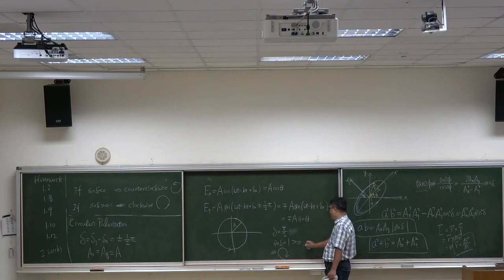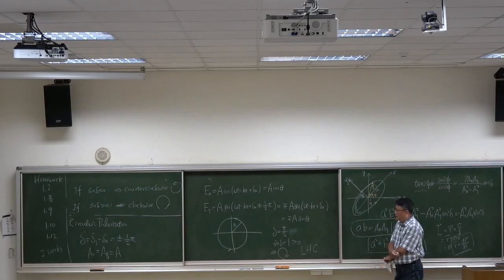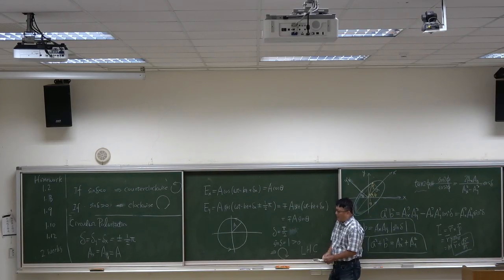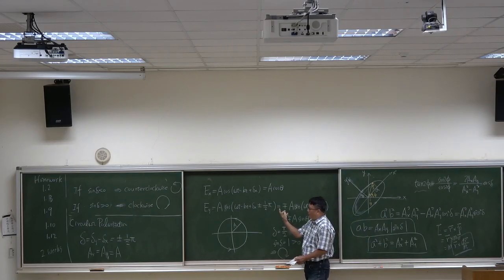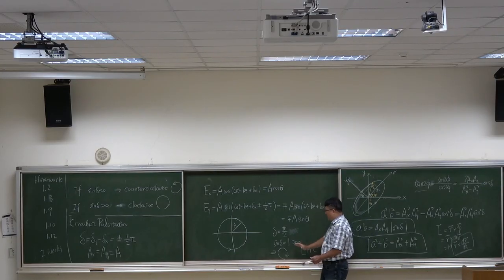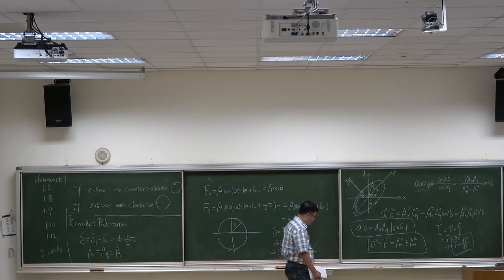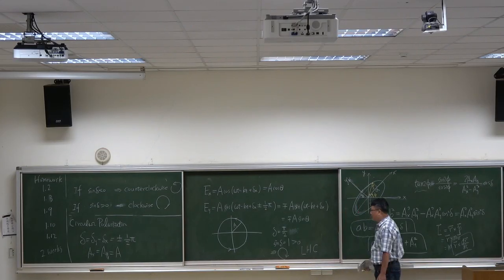And this is the so-called left-hand circularly polarized light. Why do we say left-hand? Because usually we use the convention that we use the four fingers around the thumb, and in this case we use the left hand to denote the sense of revolution.